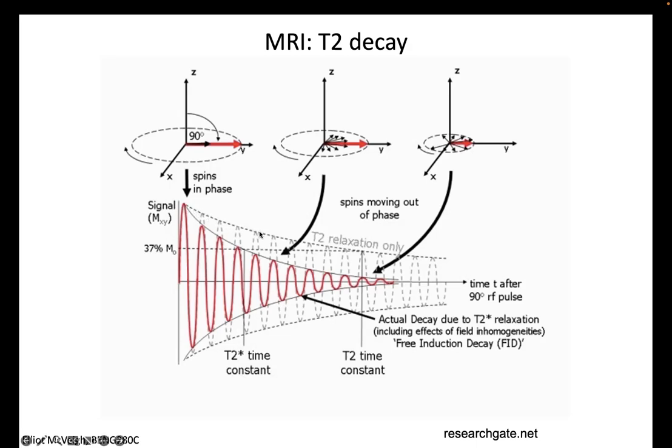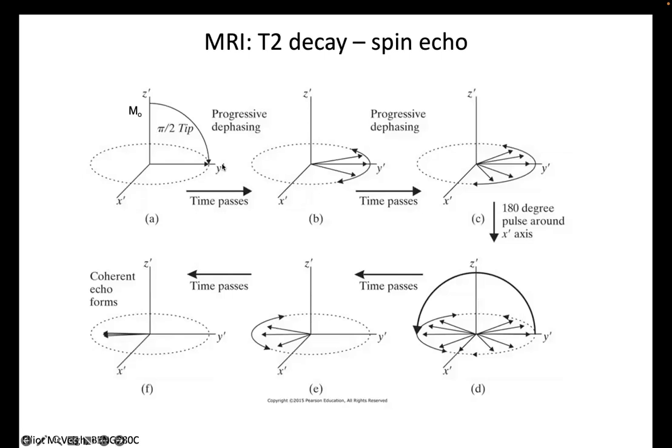There's this basically T2 relaxation where the magnitude of the magnetization is decaying away regardless of what the magnetic field looked like. And then this faster decay, which is if your sample is in a magnetic field that changes as a function of position. We can recover this more rapid decay.